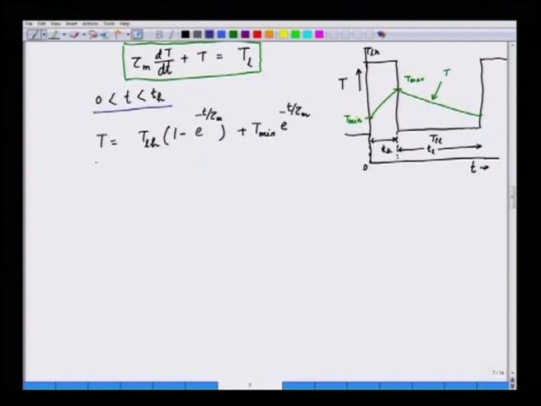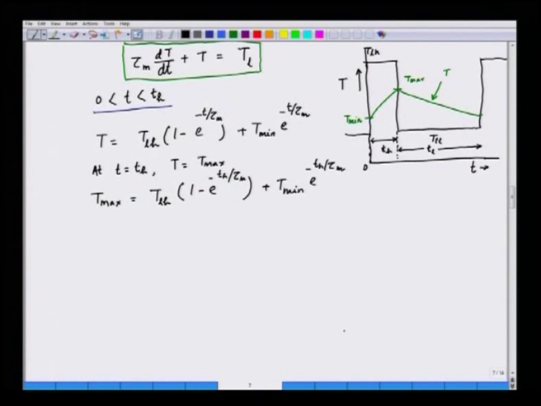So, in this case we can say that at T equal to Th, T is equal to T maximum. So, we can say that T maximum is equal to TLH into 1 minus exponential minus Th by tau m plus T minimum into exponential minus Th by tau m.